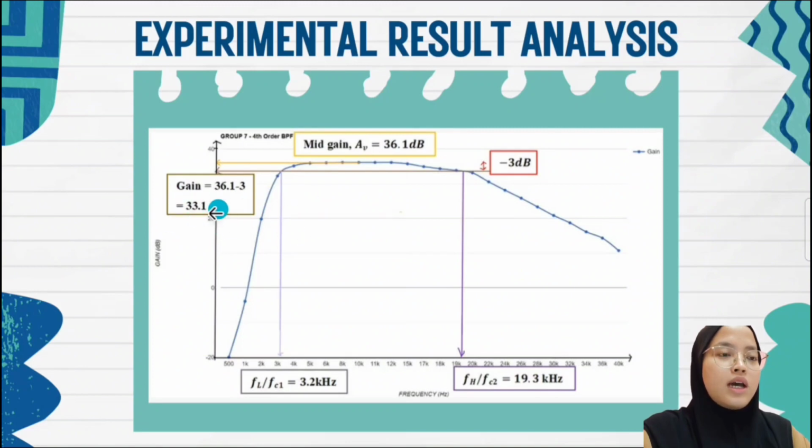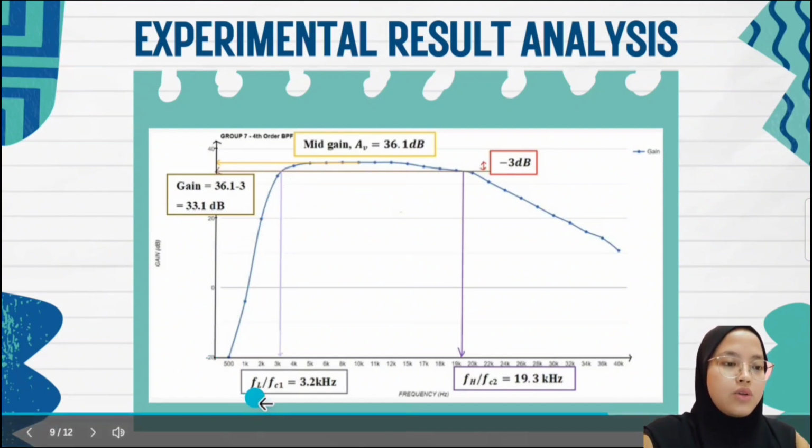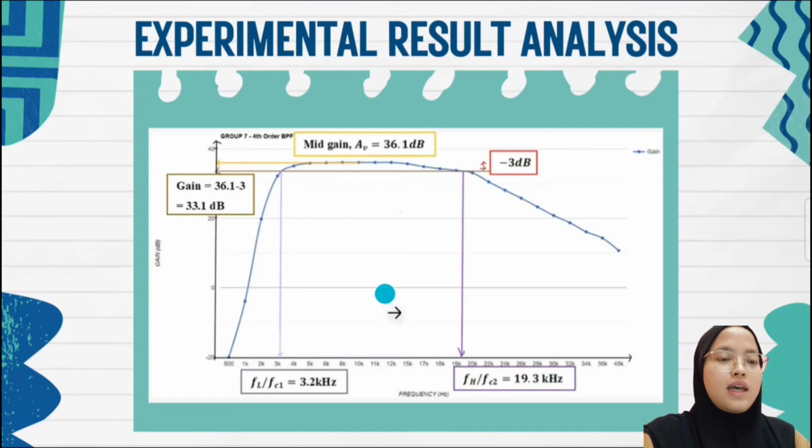This gain value works as a new reference for us to identify the low cutoff frequency and the high cutoff frequency of this experimental result. From this experimental result, we get the low cutoff frequency equal to 3.2 kilohertz and the high cutoff frequency equal to 19.3 kilohertz.